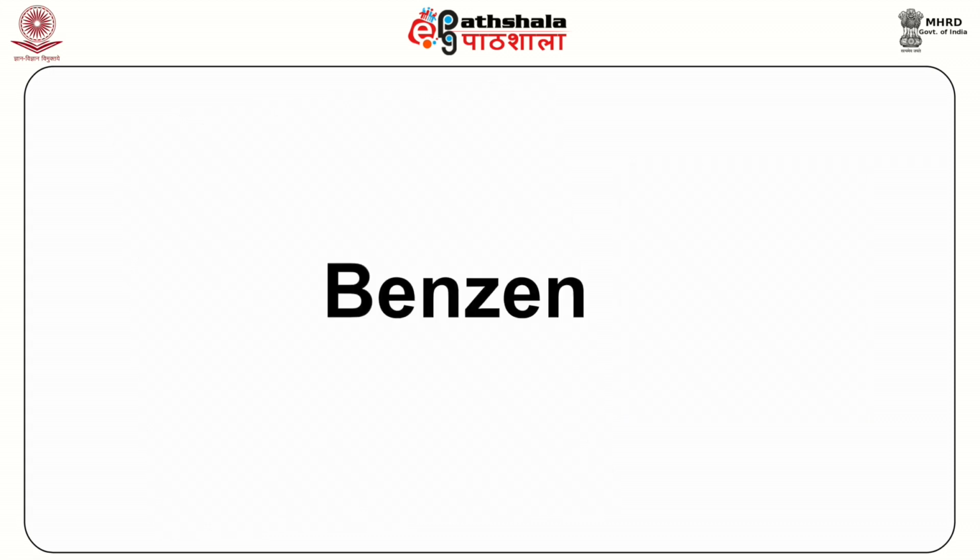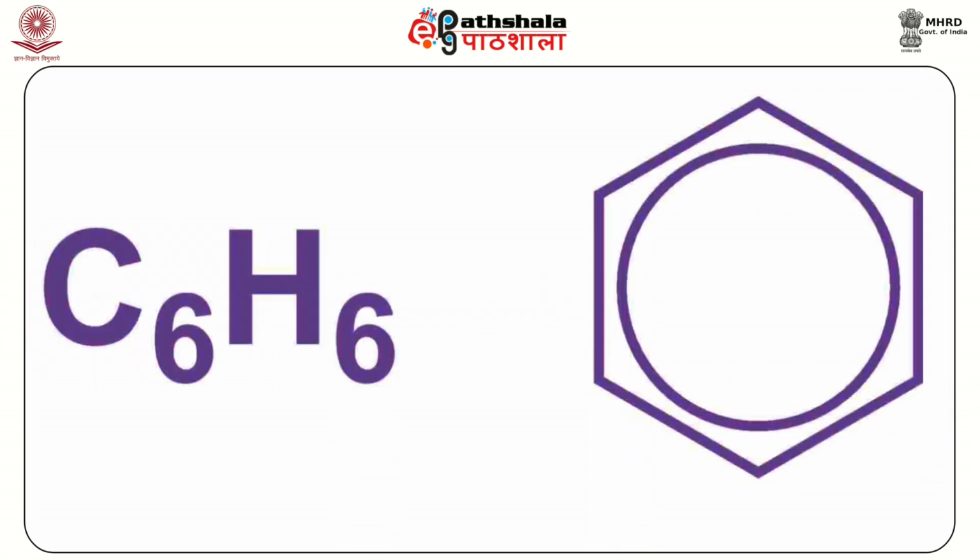Benzene, chemical symbol C6H6. It is an important organic compound. Each molecule is composed of 6 carbon atoms joined in a ring with one hydrogen atom attached to each carbon atom. Its density is low, 0.876 gram per cc.